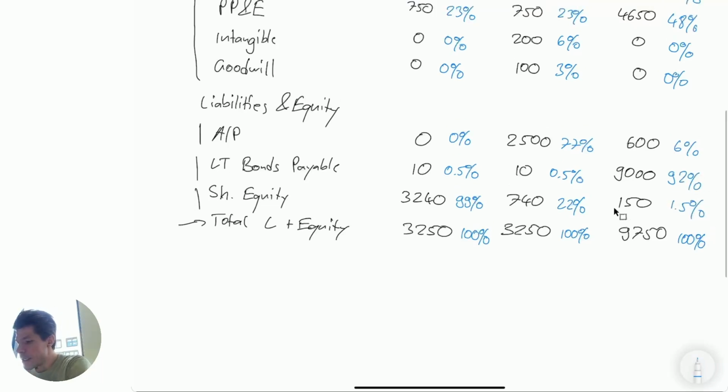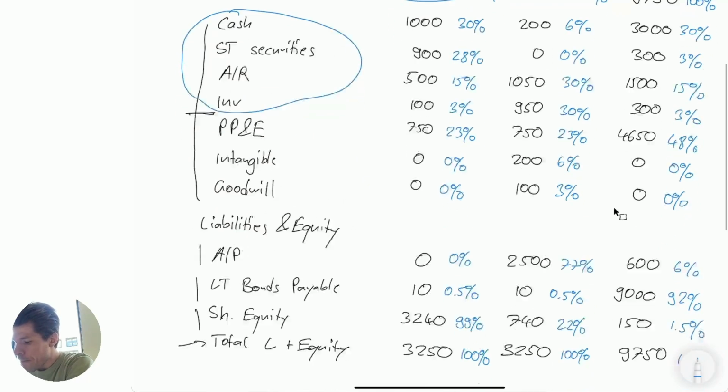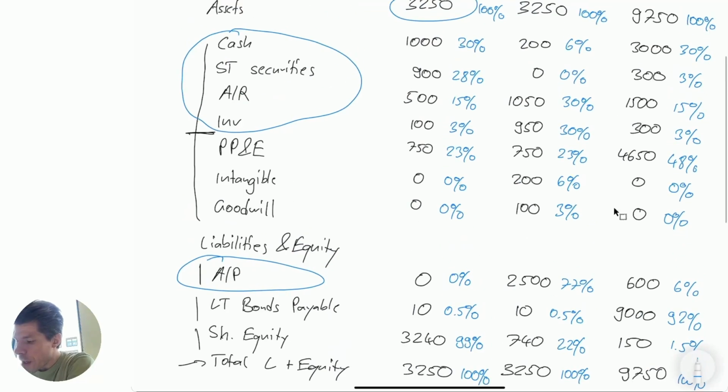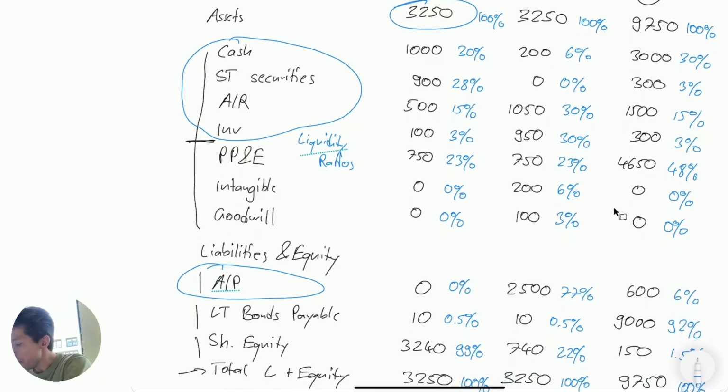So what you can see is, especially when we look at our current assets here and current liabilities, we use those for our liquidity ratios. I will do another video on those to see how much current assets are available to cover our current liabilities.